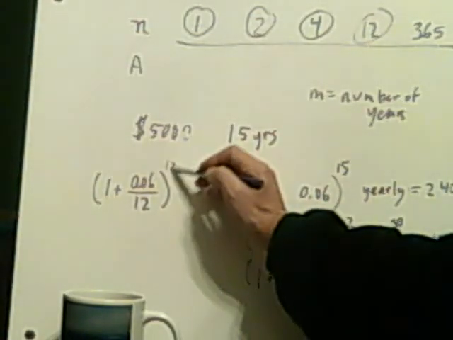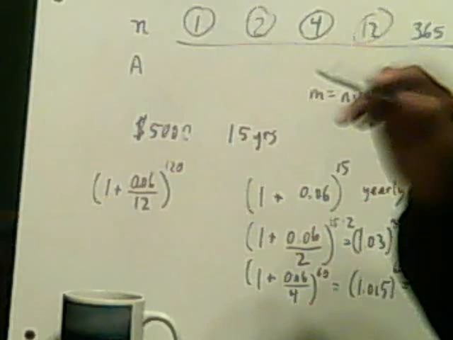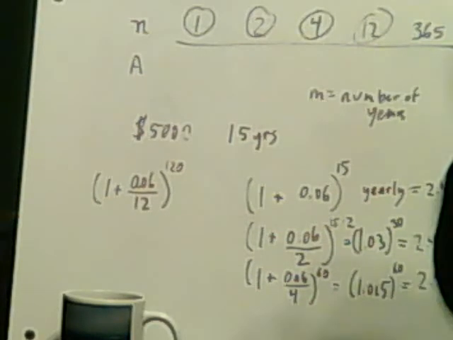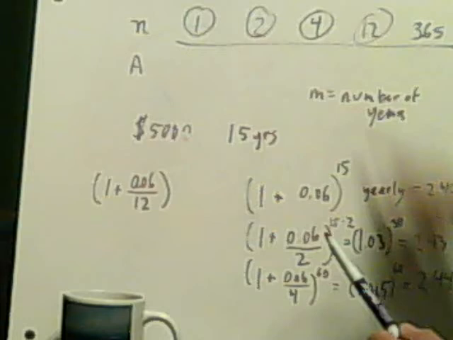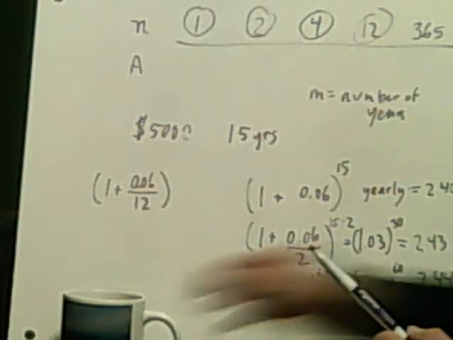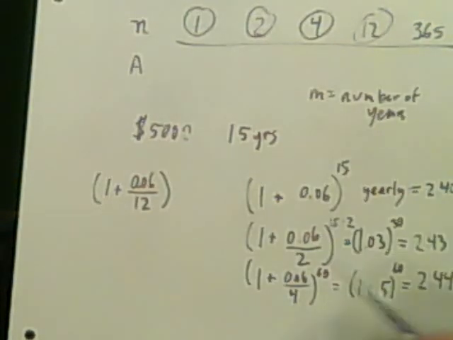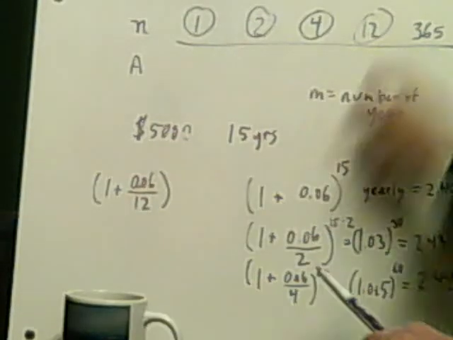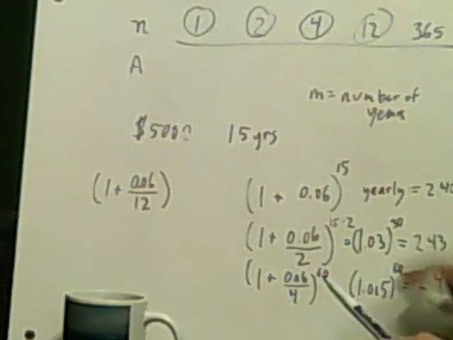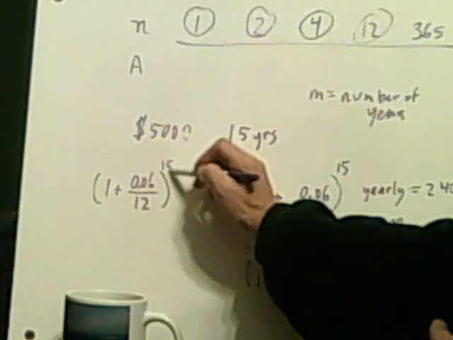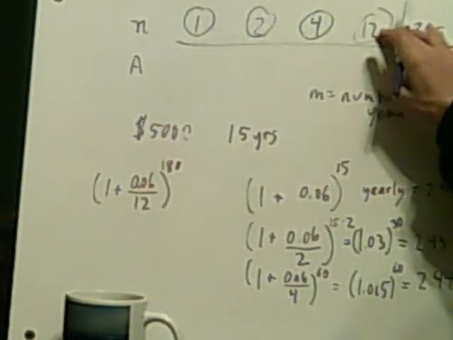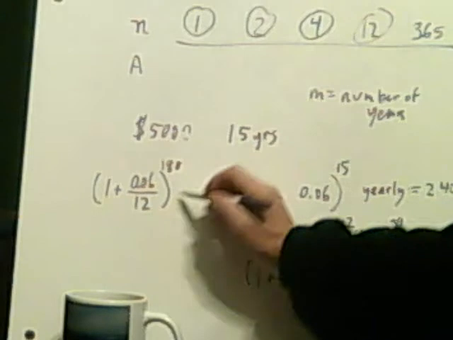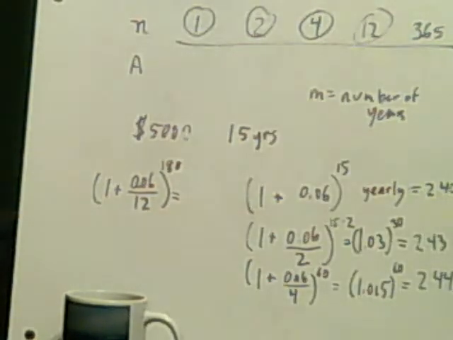And it's going to get compounded, not 100, it's going to be 12 times 15. It's 3 times more than quarterly, so it's 180. 12 times 15 is 180.